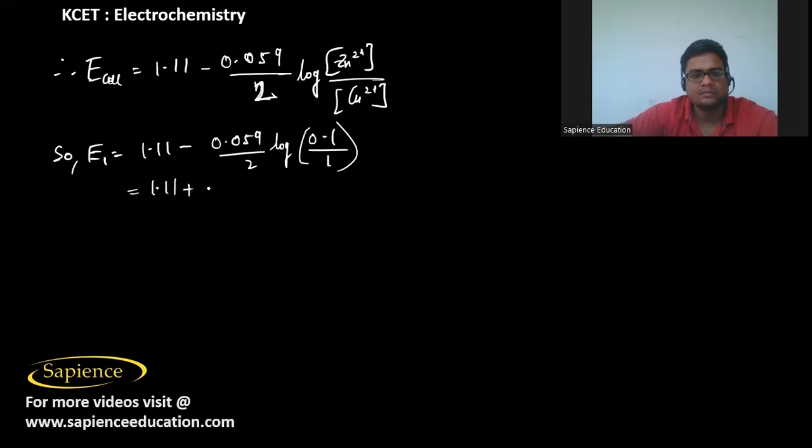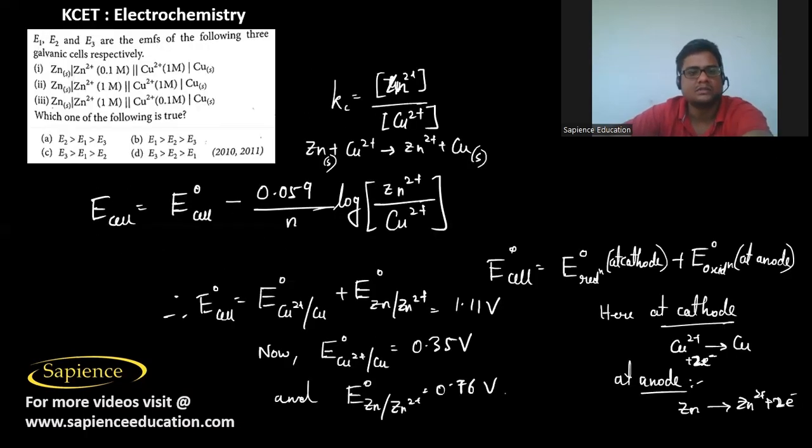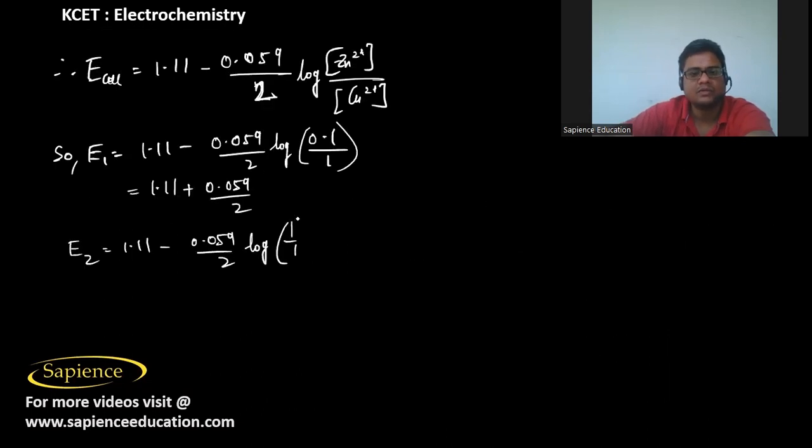So 1.11 plus 0.059 by 2. And then E2 will be 1.11 minus 0.059 by 2 into log of 1 by 1, that is 0. So it is 1.11 volt only, and E1 is slightly more than 1.11.